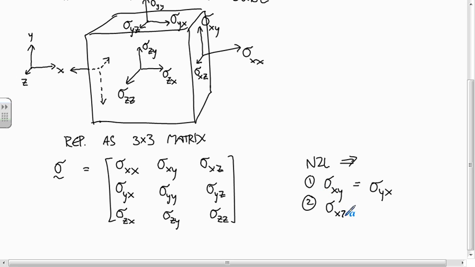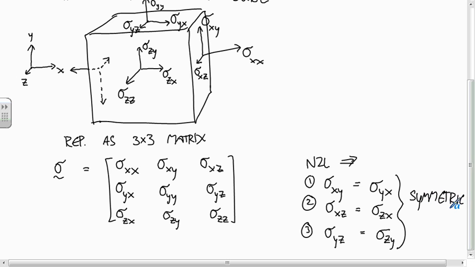Sigma xz is equal to sigma zx. And sigma yz is equal to sigma zy. So what does that tell us about this matrix? It's a symmetric matrix, yep. And that means that there are only 6 independent values. The other 3 you know from those 6.